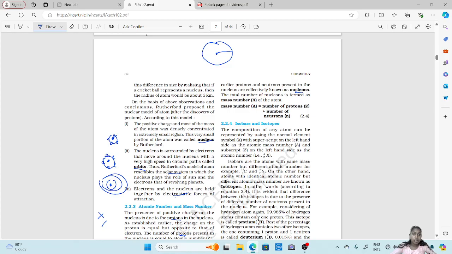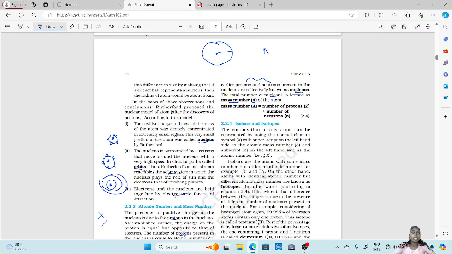The total number of nucleons, how many protons and neutrons are present together, is termed the mass number, which is represented as A of an atom. So mass number equals the number of protons plus the number of neutrons.